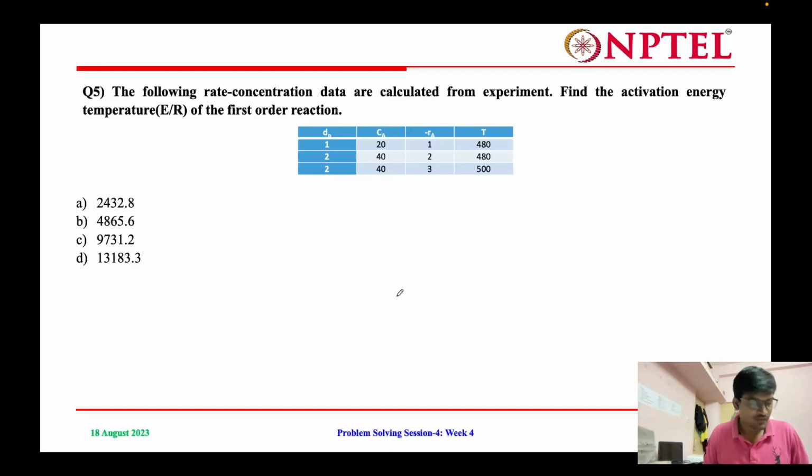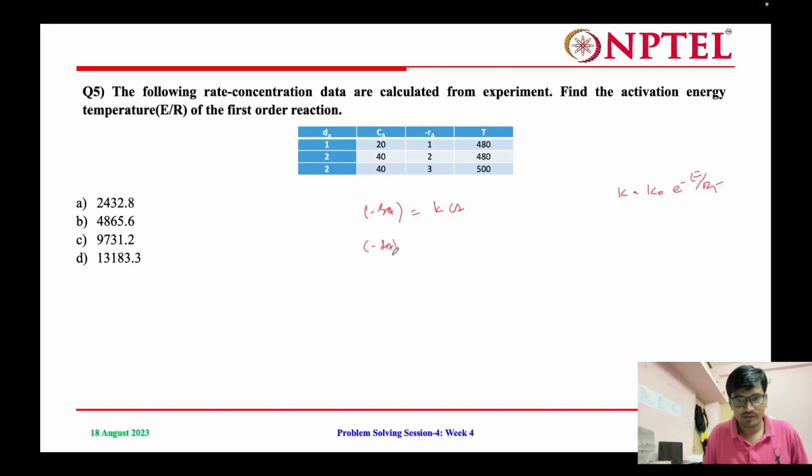For first order reactions, the rate equation is r A equal to k C A, right? k equal to k naught e to the power minus E by RT, based on the Arrhenius law.